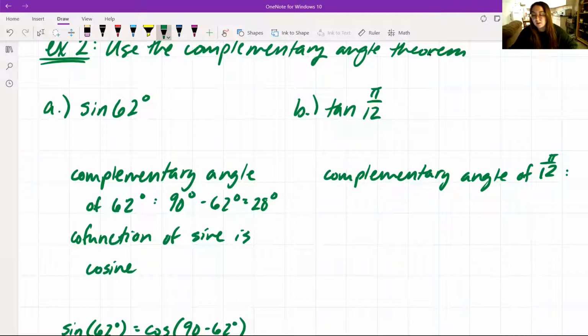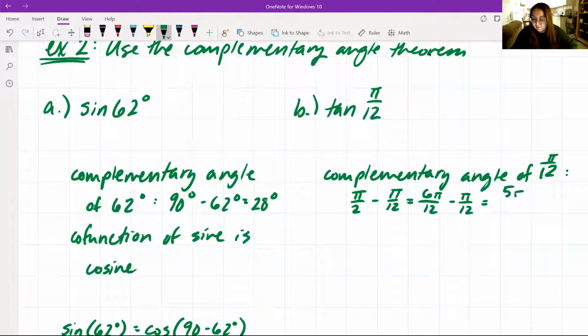So we're going to subtract pi over 12 from pi over 2. We want the same denominator, so we alter pi over 2 to be 6 pi over 12 minus pi over 12, and this simplifies to 5 pi over 12. So the complementary angle of pi over 12 is going to be 5 pi over 12.